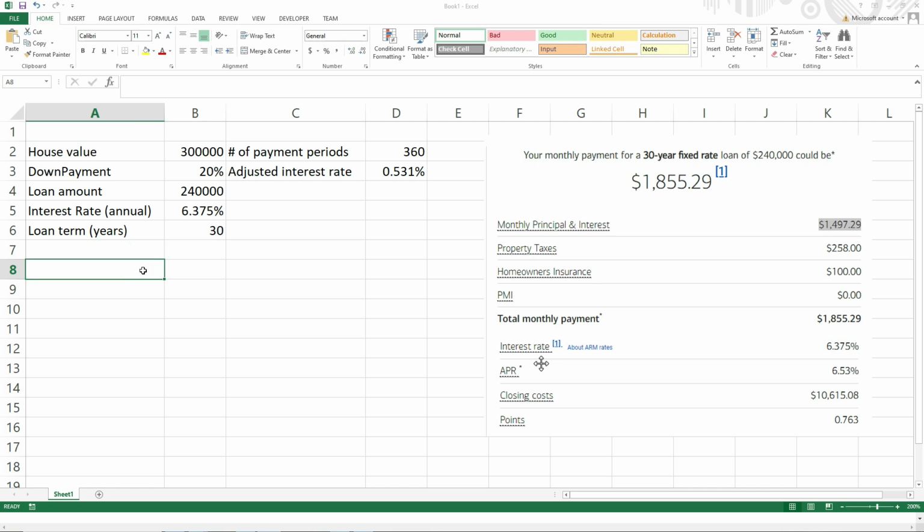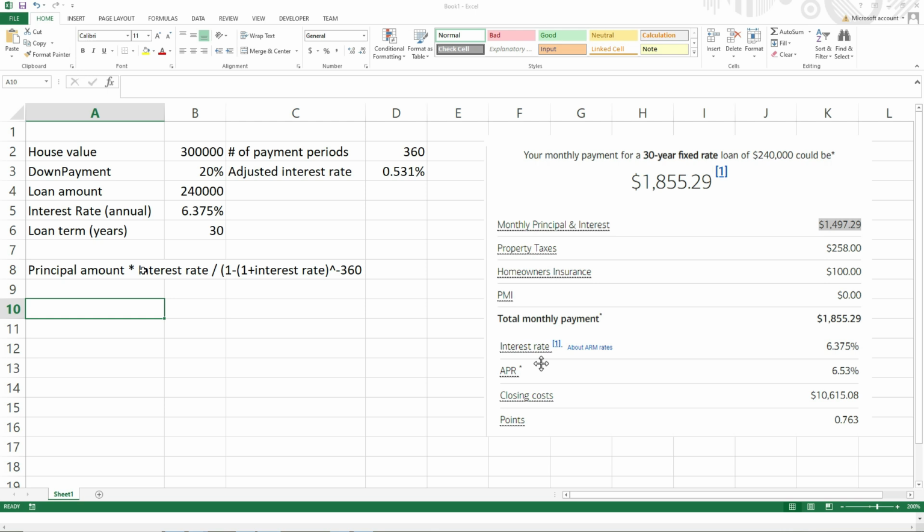The formula to calculate the mortgage payment is the principal amount multiplied by the interest rate and divided by 1 minus (1 plus the interest rate) raised to the power of minus 360, which is our number of payment periods.